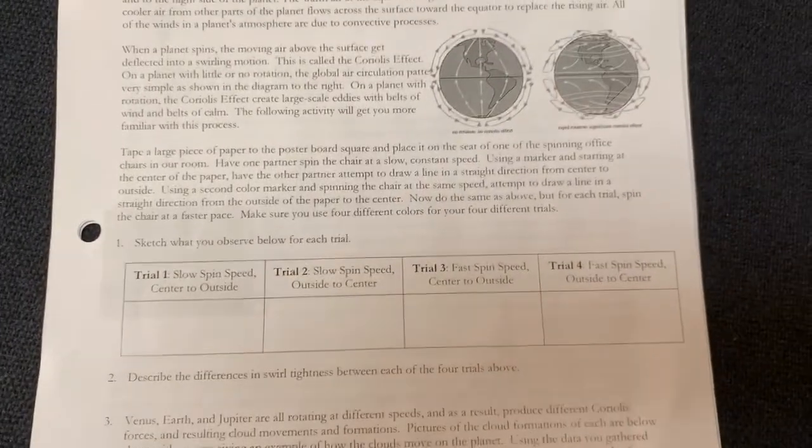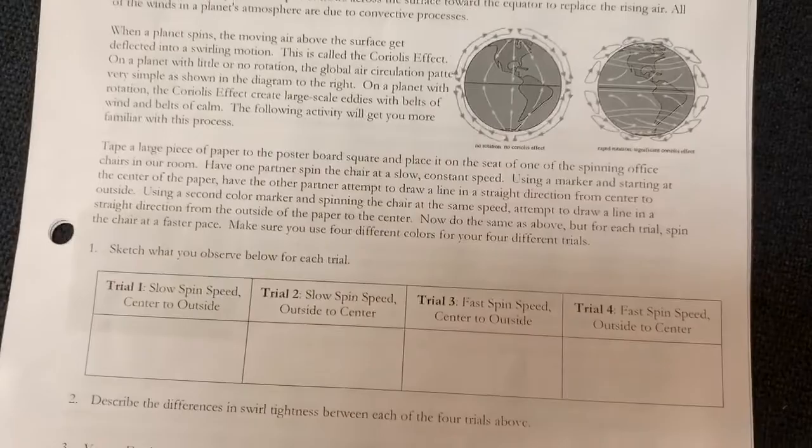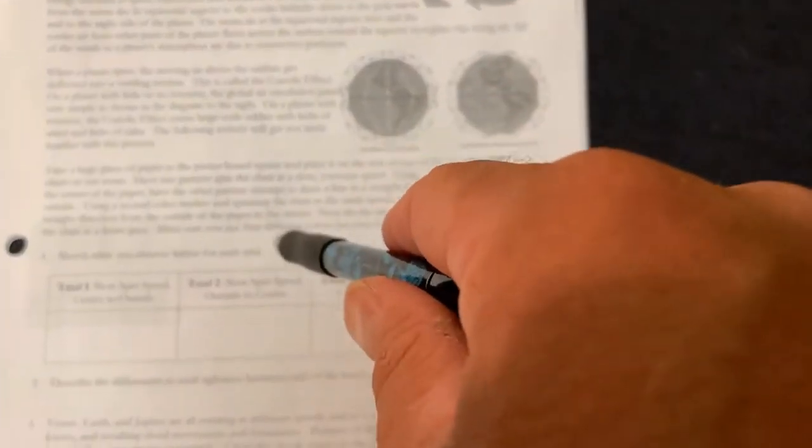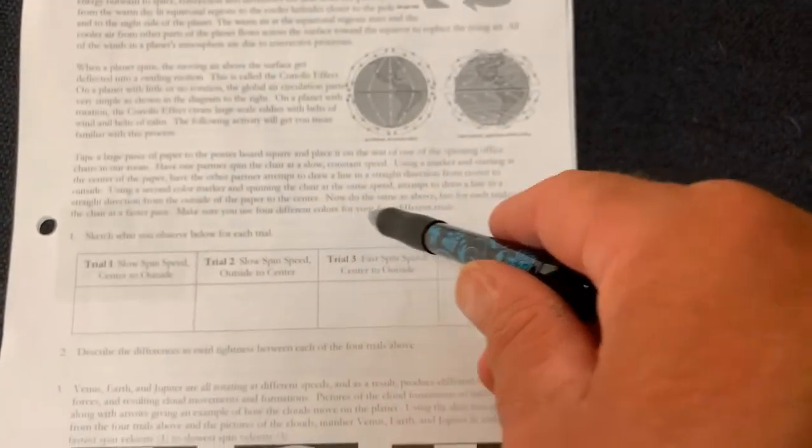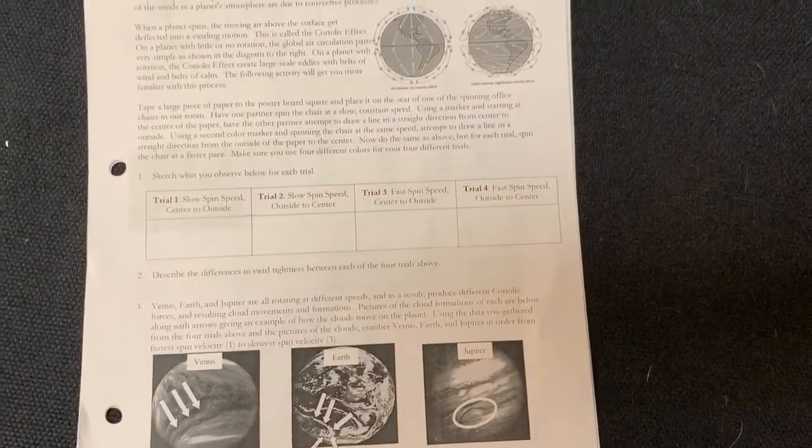Now, it's very difficult to do, but I'll show you the general idea. If I was to take my pencil or my pen here and put it right here in the middle and draw slowly outward as I spun the chair around, like so, okay? As I spun the chair around, I would draw a line outward and see what would happen.